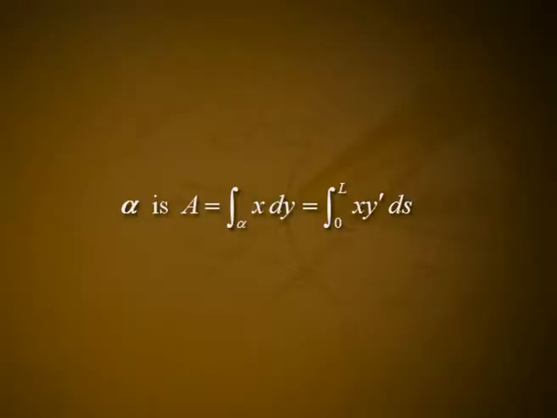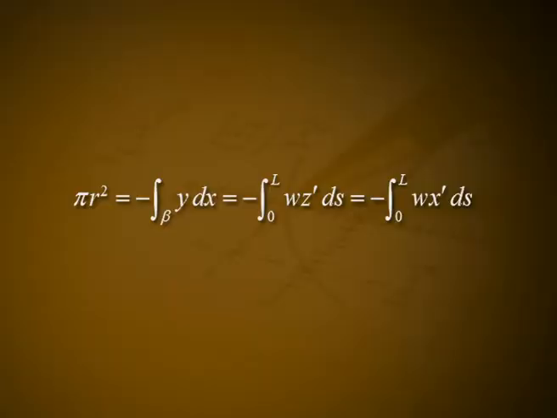Therefore, the area bounded by alpha, A, is equal to the integral over alpha of x dy, which is equal to the integral from 0 to L of x y dash ds. Thus, the area bounded by beta, pi r squared, is equal to minus the integral over beta of y dx, which is equal to minus the integral from 0 to L of w z dash ds, which is equal to minus the integral from 0 to L of w x dash ds.